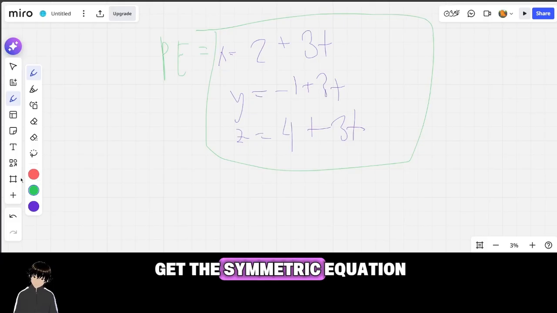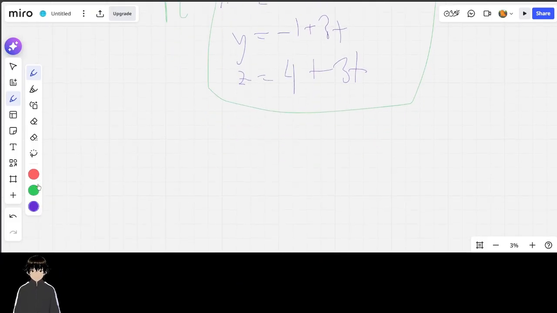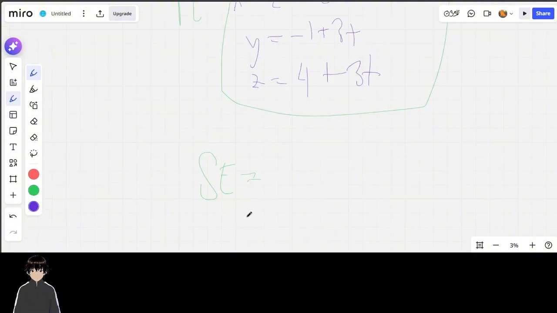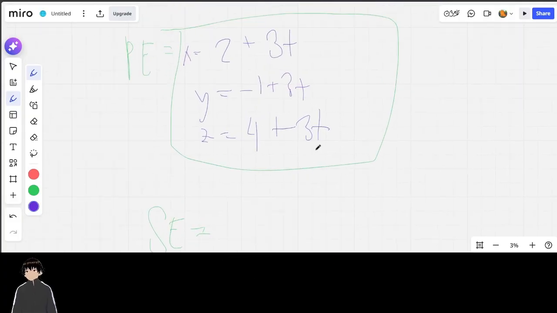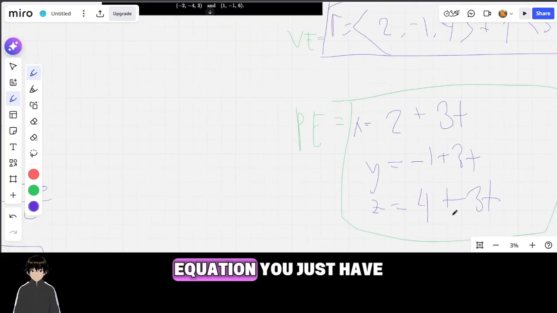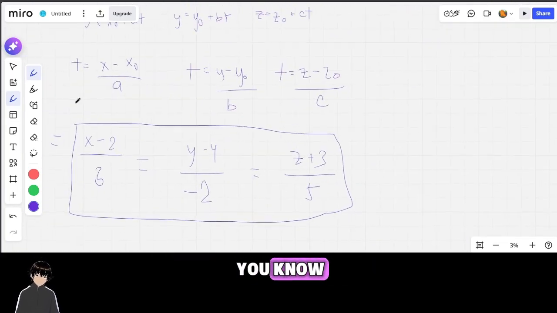I was trying to get the symmetric equation. To get the symmetric equation, you just have to use this formula.